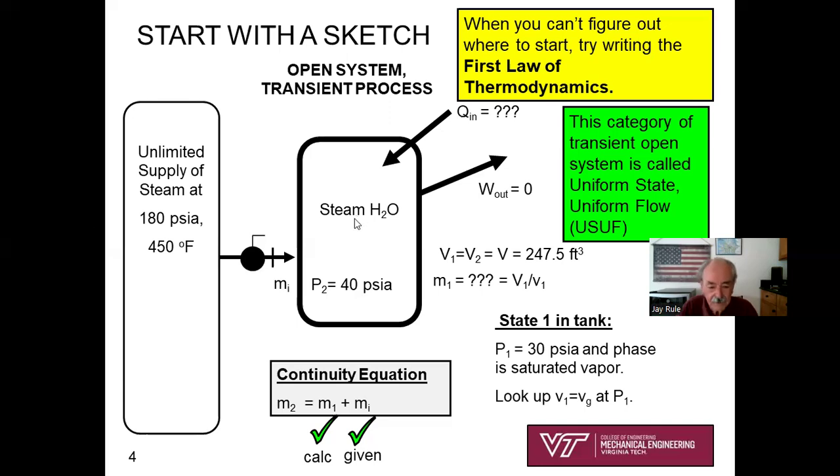And the reason is that what's coming into this tank is always at a fixed state, a fixed enthalpy, a fixed pressure and temperature. That's why it's called uniform state. And also uniform flow. When the valve is opened, the mass flow rate is some number throughout the process. And so that would be uniform flow.